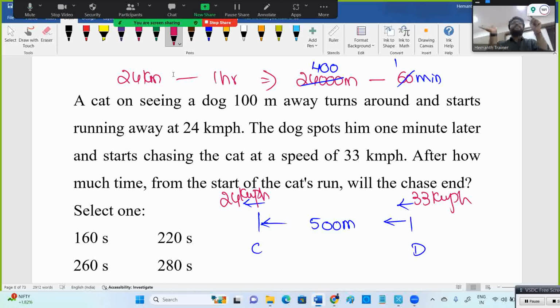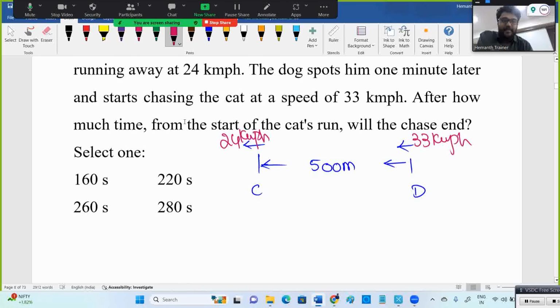But how much extra is required? Only 500 meters. If it travels that, then it can catch. I don't want to wait 1 hour because the distance between those two is only 500 meters. If it travels 500 meters extra, then it can chase and catch. So that's what you need to calculate.